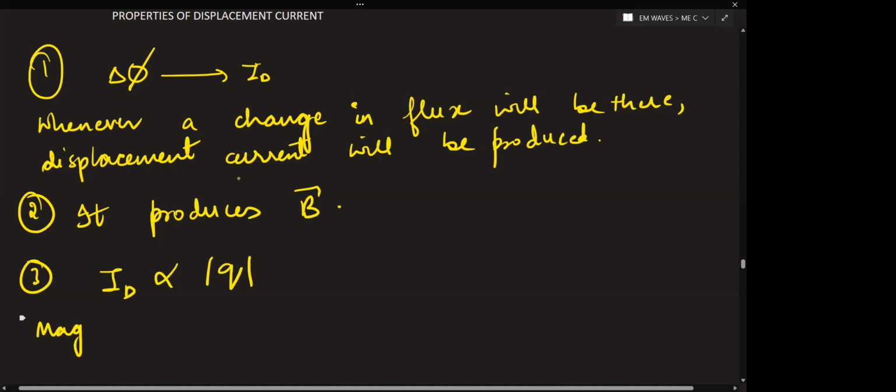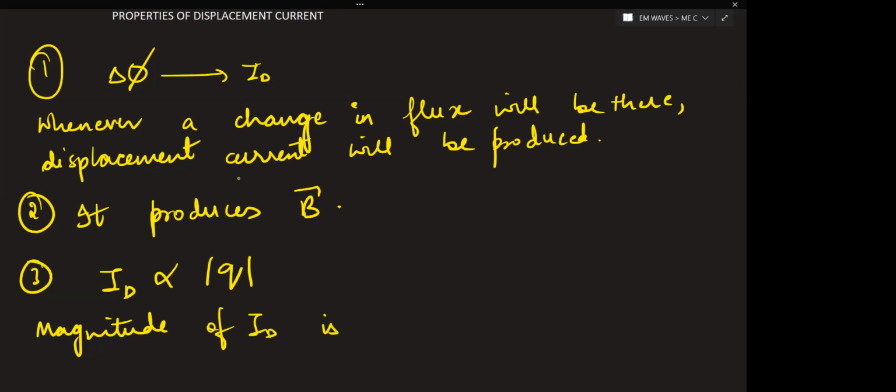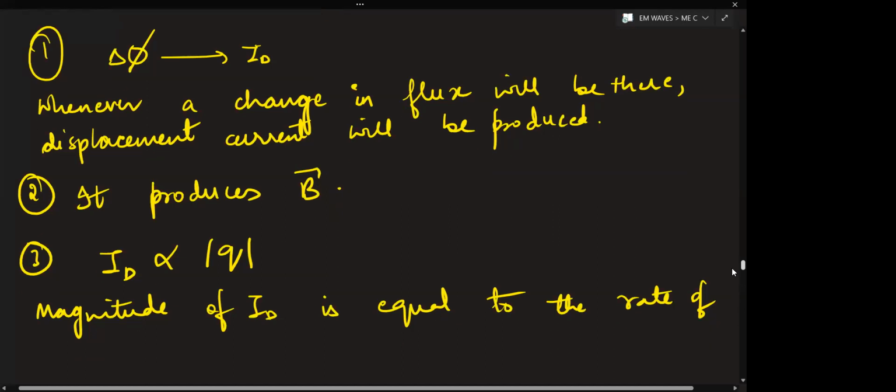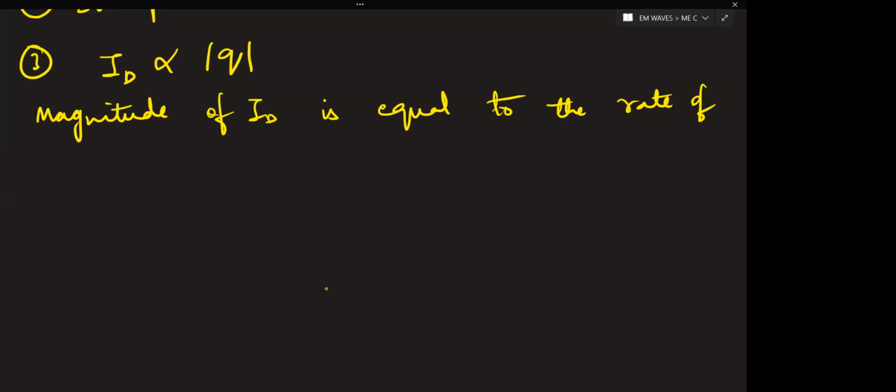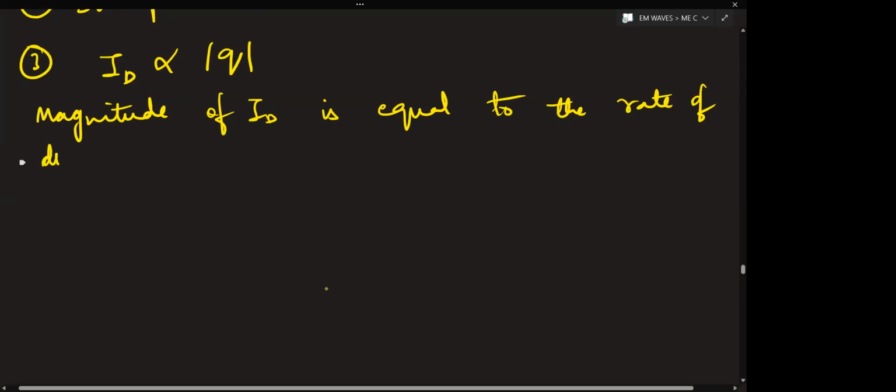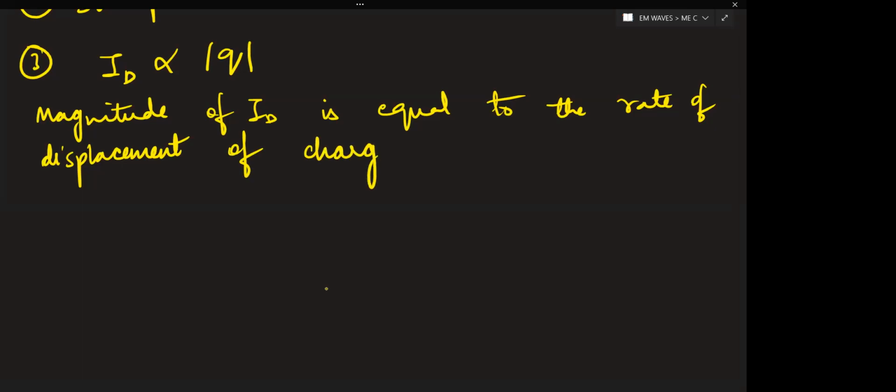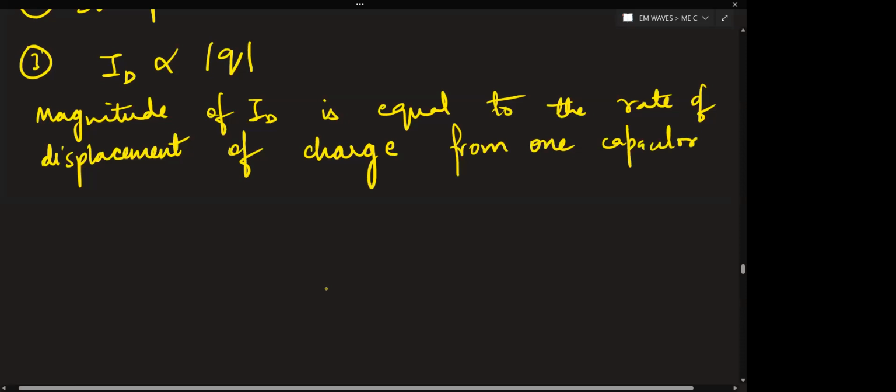So the magnitude of displacement current ID is equal to the rate of displacement of charge from one capacitor plate to another. Fine.